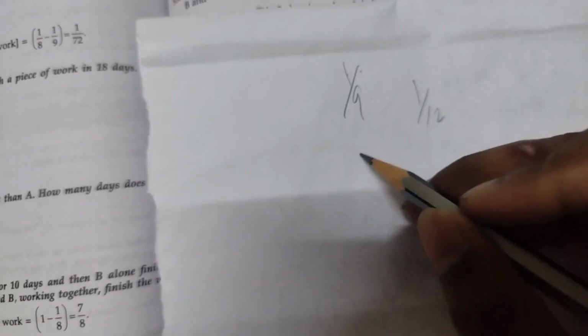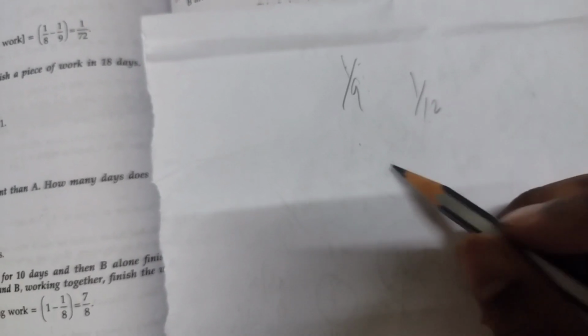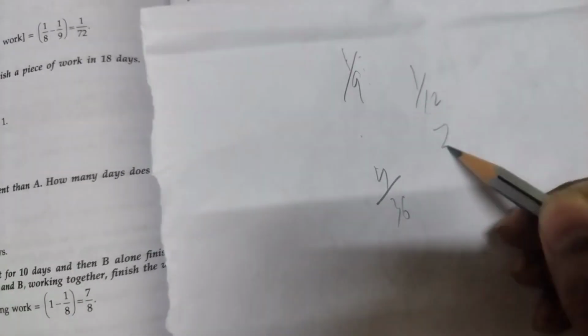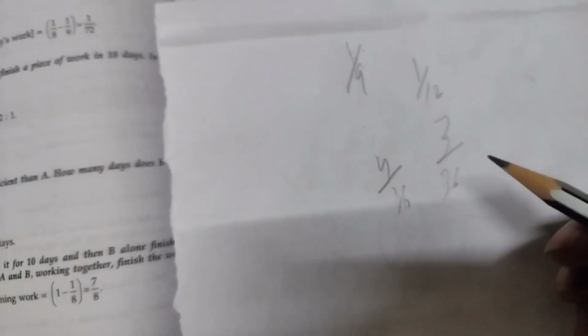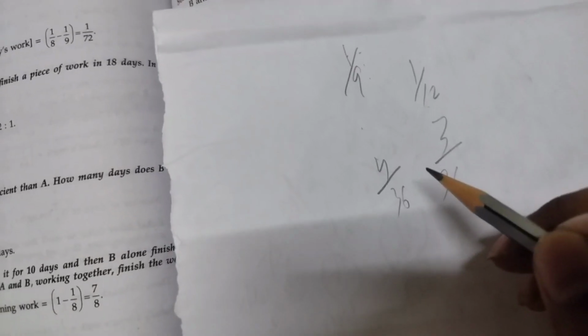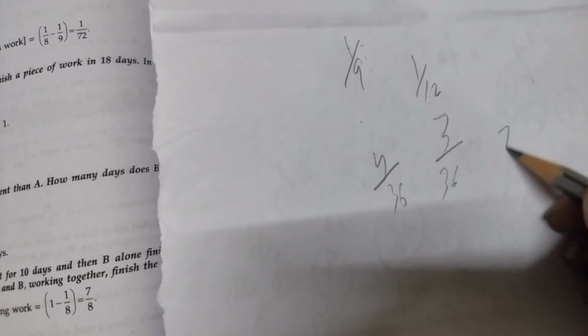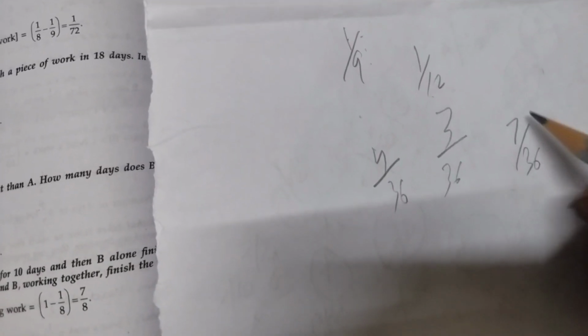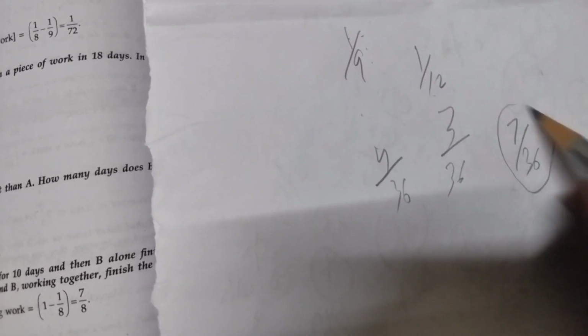So if we just take the LCM, we'll get 4 by 36. This will be 3 by 36. Now just add both of them. That will be 7 by 36. So I guess in 2 days they do this much work.